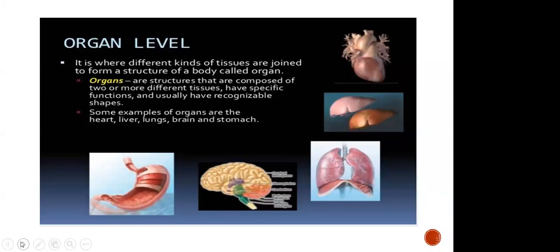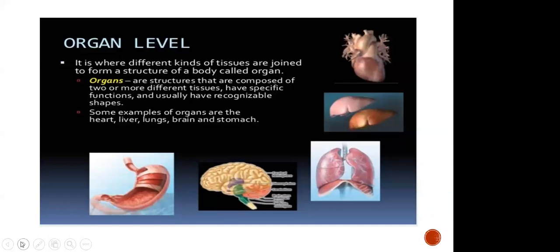The animal body or human body is composed of different types of organs, isn't it? Organs are structures that are composed of 2 or more different tissues, have a specific function, and usually have recognizable shapes.